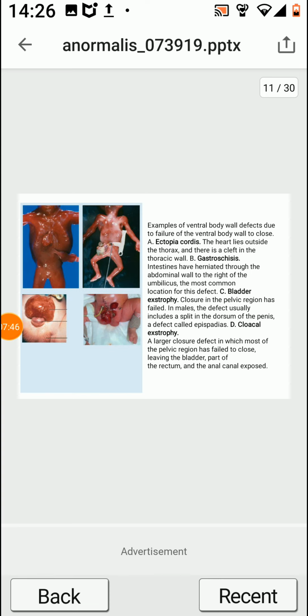So we also have cloacal exstrophy. Cloacal exstrophy arises when still the body wall fails to close, but within the pelvic region. So you're going to have some part of the rectum together with the bladder and the anal canal being completely exposed.